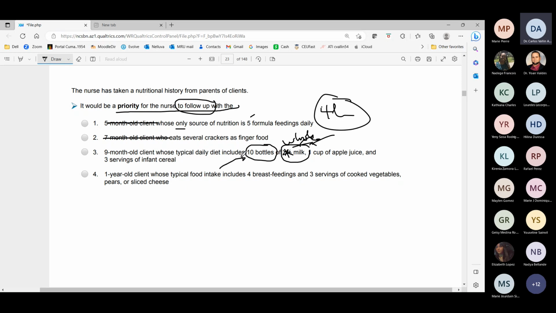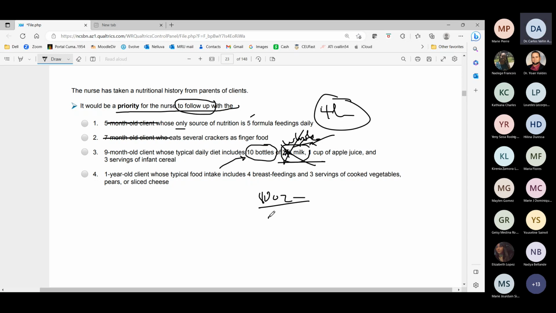But then a part of that comes too much milk. 10 bottles. They don't say how much, but at 9 months usually a whole bottle is 8 ounces. So 80 ounces of milk per day. It is going to produce a malabsorption of iron, and the client will develop iron deficiency anemia, the milk anemia. 8 ounces is too much.